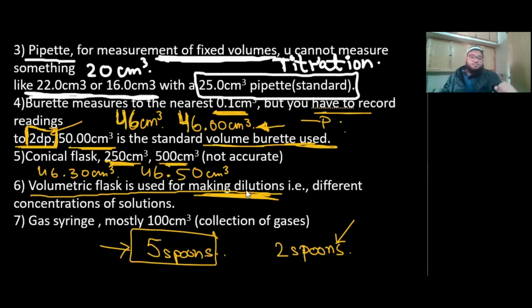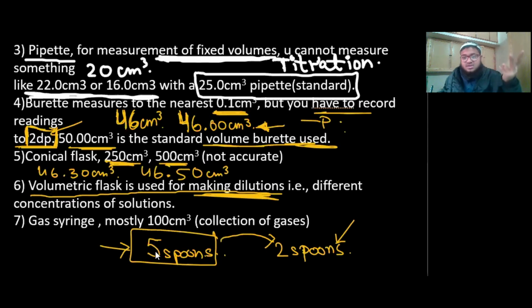So now if you want to change the concentration of the 5 spoon cup to the 2 spoon cup, how are you going to do that? Well, there are two ways of doing that. Either you remove the solute from it, but if the solute has dissolved, then you cannot remove it by just pouring it out. There are other physical techniques or purification techniques which you can use, but you cannot just remove it easily.